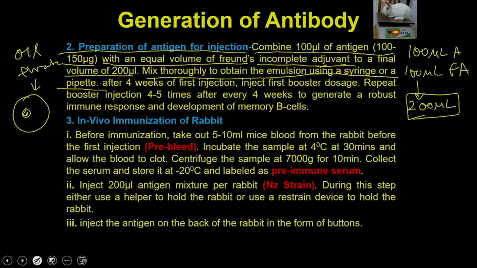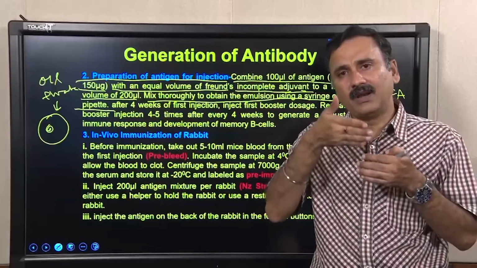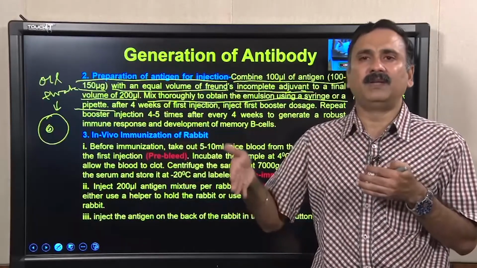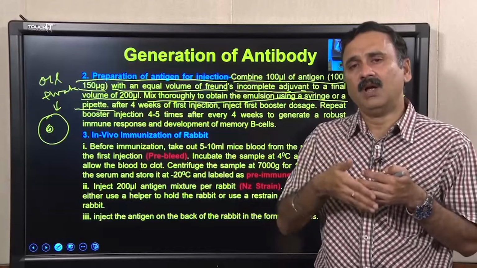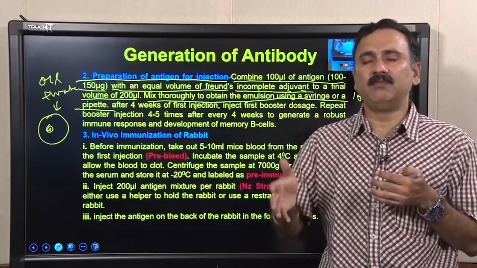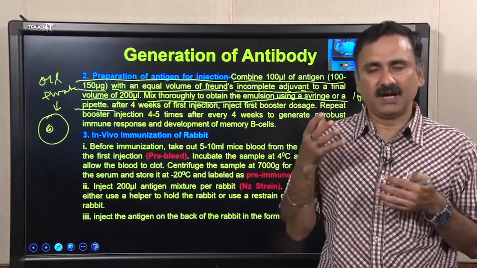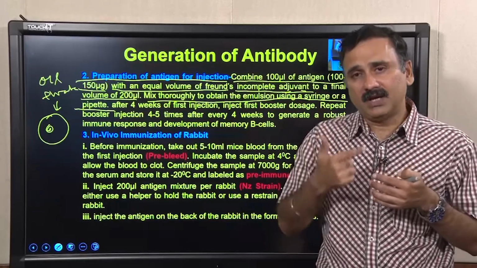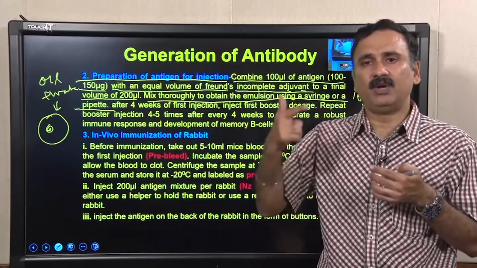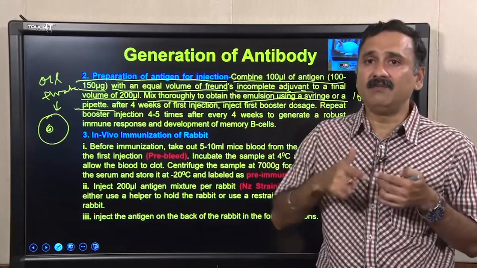Because of that, the antigen is going to be released very slowly from the site of action, and that is the purpose for which you are producing this emulsion, so that the antigen keeps immunizing your animals for a very long time.